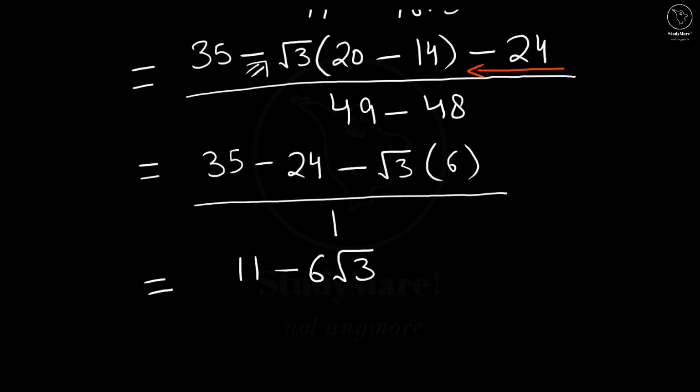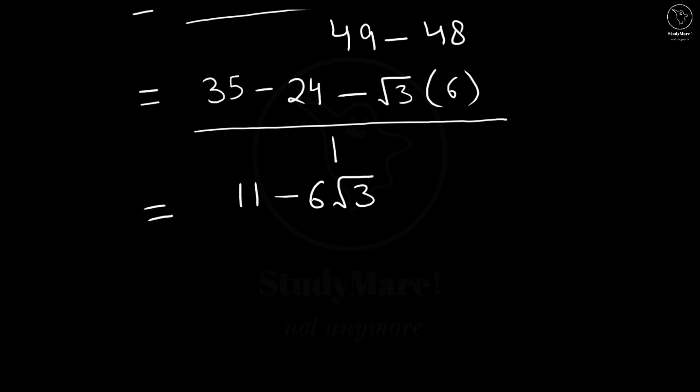Since the denominator is 1, we can decide not to write it because it is by default. So we have reduced the LHS to 11 minus 6 root 3.